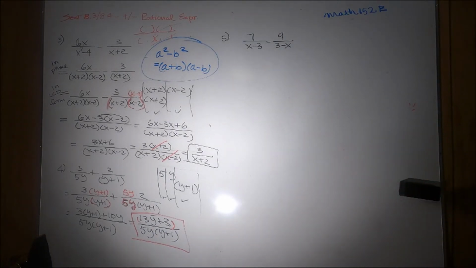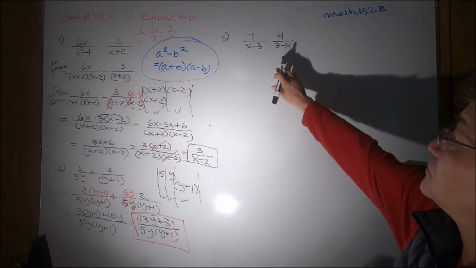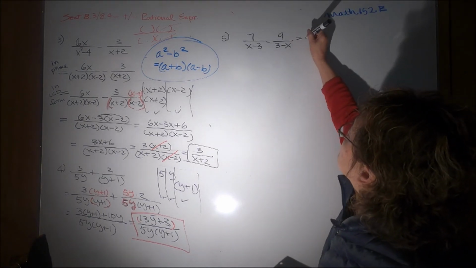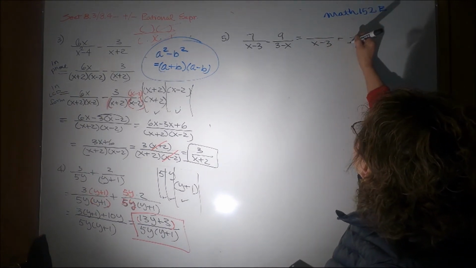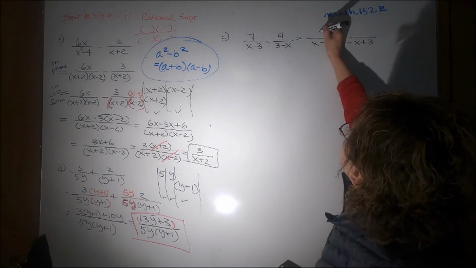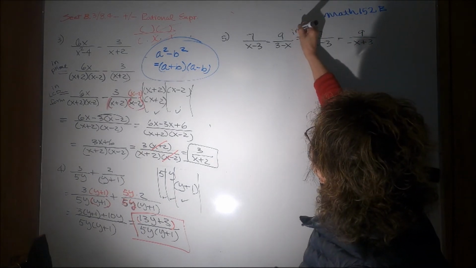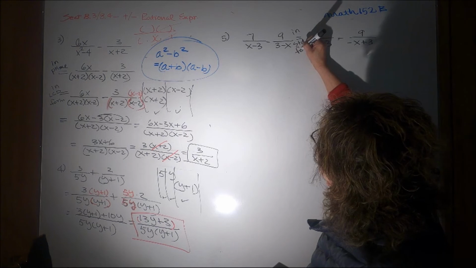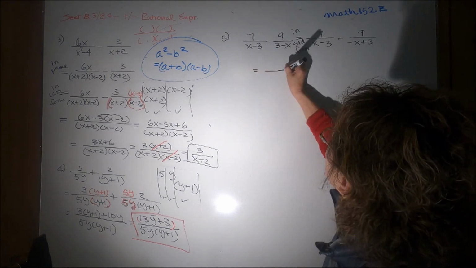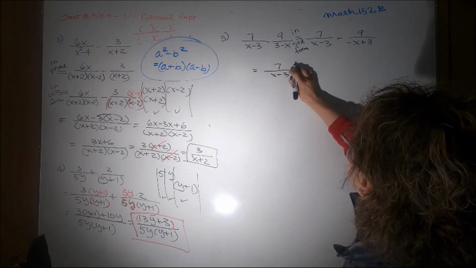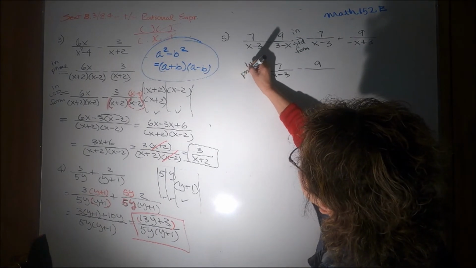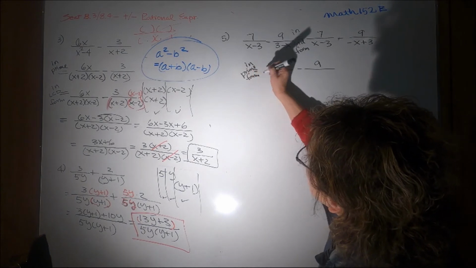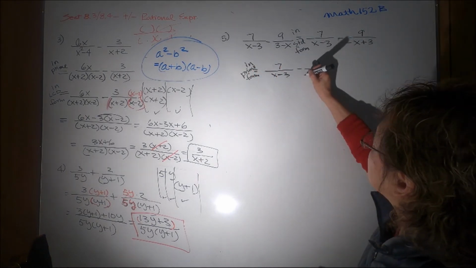Then next one, number 5. For this situation, x minus 3 and 3 minus x are very similar, right? Then we write it in standard form. That would be what? Negative x plus 3, right? So first, you write it in standard form. Then next, we will write it in a prime form. So you take a negative out.